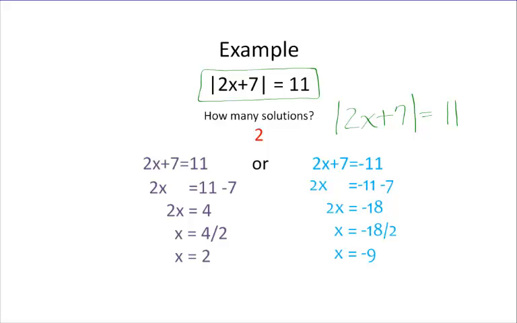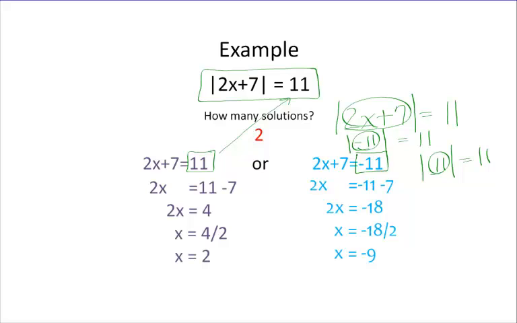Well, there were 2 cases where we were going to get positive 11. One is if we started with negative 11, and the other was if we started with positive 11. So this can either equal positive 11 and still give me that result, or equal negative 11 and still give me that result.